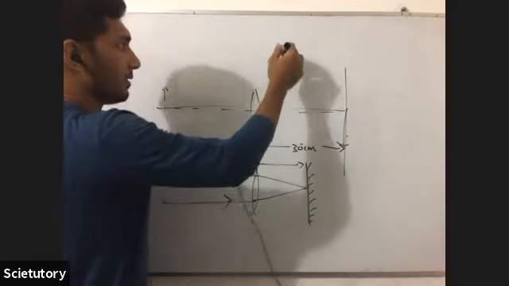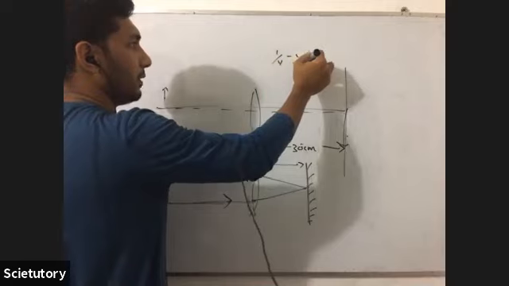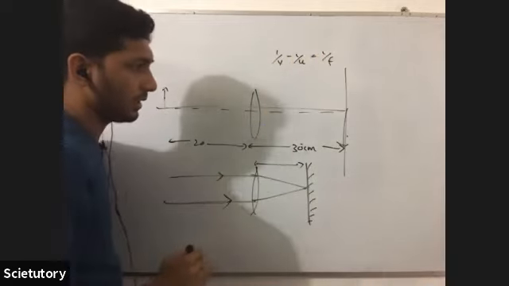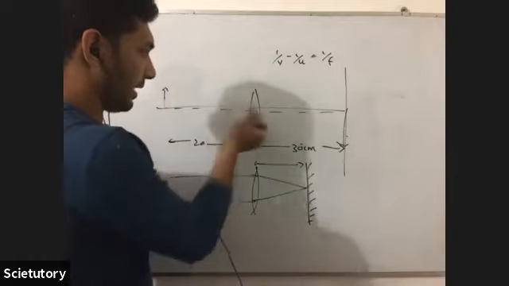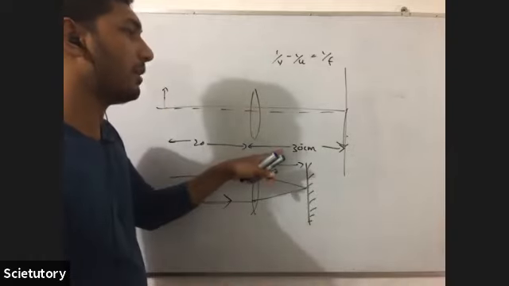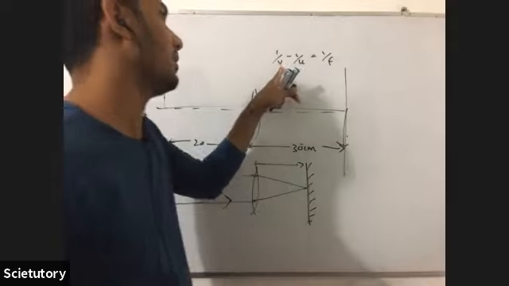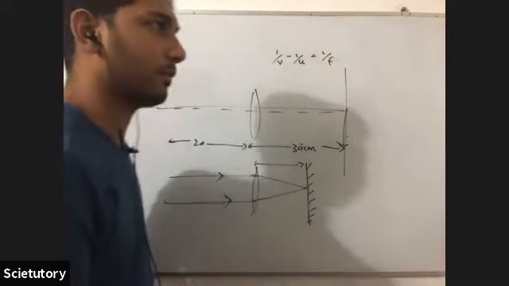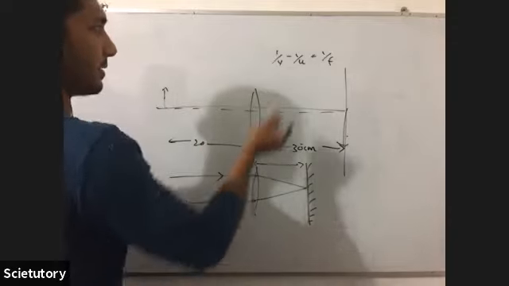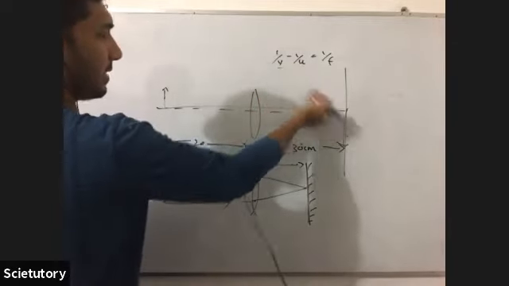So what's the equation? 1 over v minus 1 over u is equal to 1 over f. First, you have to apply the sign convention. For real images, always it is 1 over v plus 1 over u is equal to 1 over f. We know that, but for explanation purposes I'm explaining this. So v, this side is minus and this side is plus.